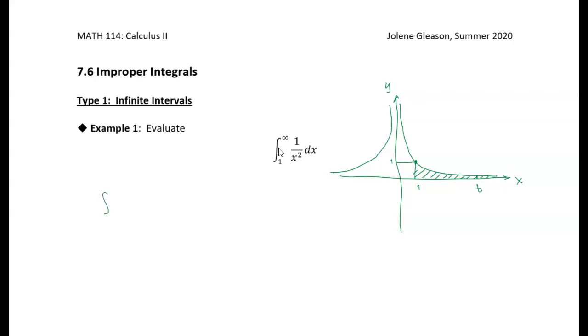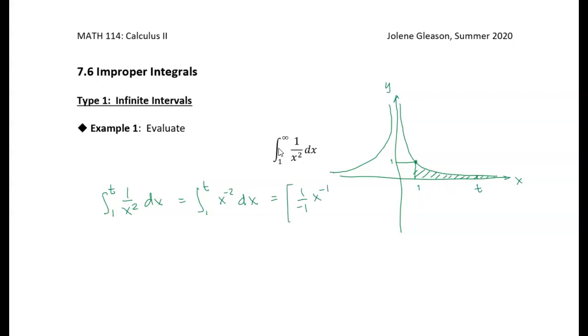I'm going to look at the integral from 1 to some arbitrary value t of 1 over x squared dx. All right, so that's just the integral of x to the minus 2. It's a little easier to deal with when it looks like that. And so what I'm going to get is basically 1 over minus 1, x to the minus 1.